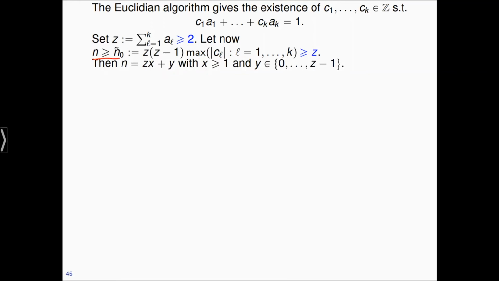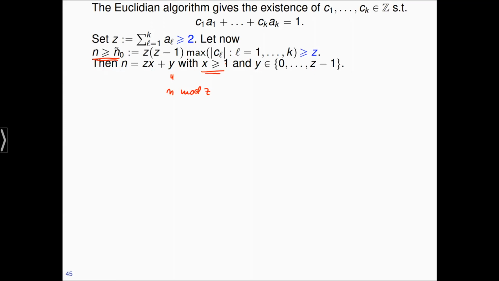Now for n greater or equal n_0 tilde, we can write n as Z times x plus y, and y is between 0 and Z minus 1. So y is basically n mod Z, okay? And x is such that Z times x plus this remainder gives us n.